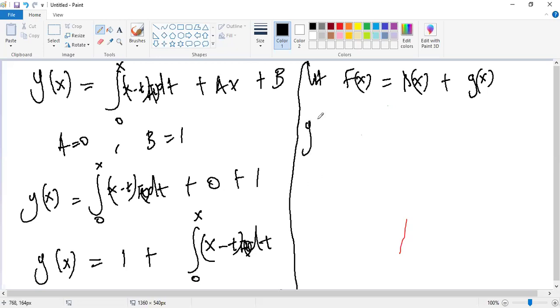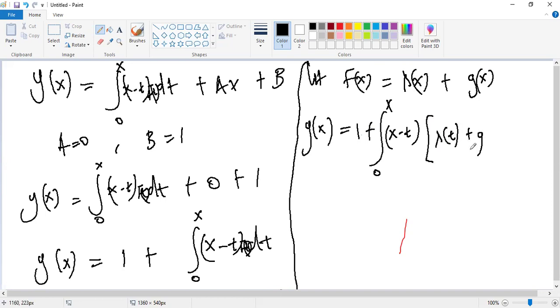So y of x is equal to 1 plus the integral from 0 to x of (x minus t) f(t). Where there's f of t, we can replace with this value that was there initially. So we can have it as lambda of t plus g of t dt.